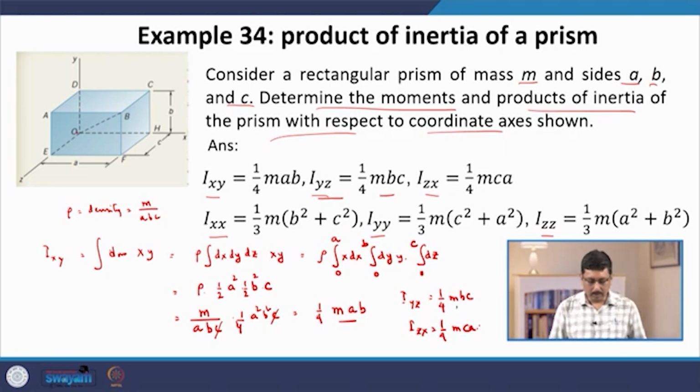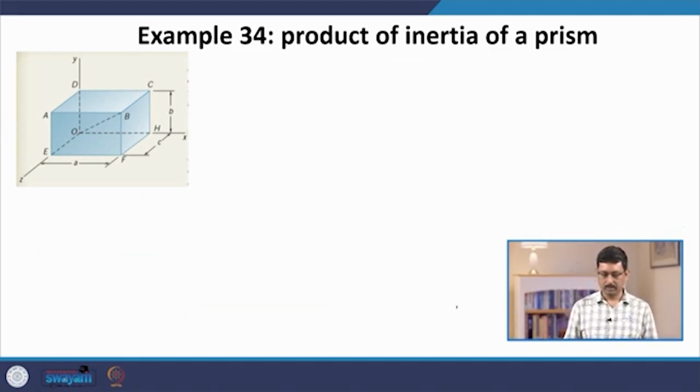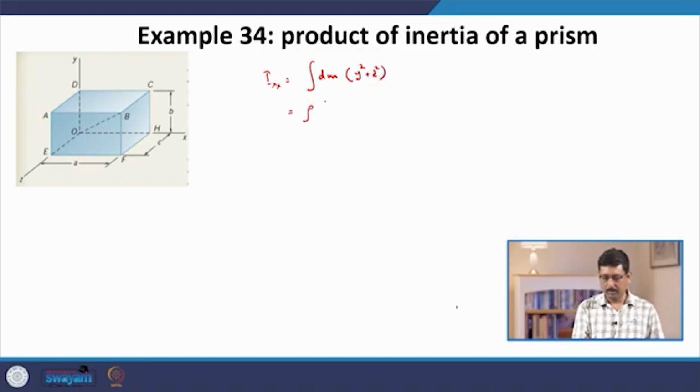So, let us work out the Ixx component also. This is the distance of this mass element from the x axis, so it is y square plus z square. So, Ixx will be rho times dx dy dz times y square plus z square. This is really a volume integral, and we can factorize the x, y, z coordinates.